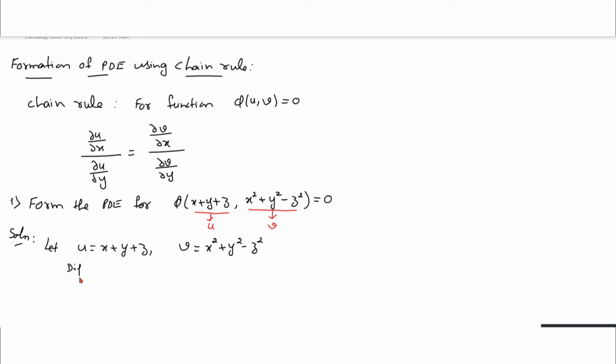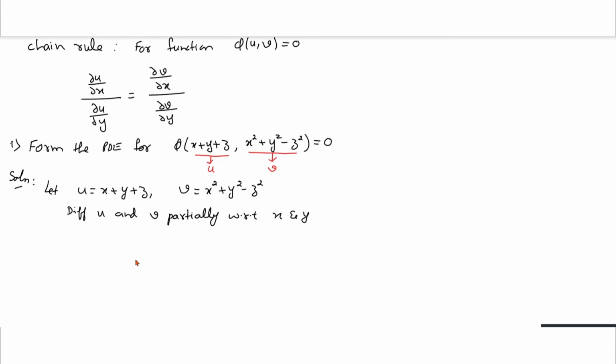So I get dou u by dou x to be equal to, differentiating with respect to x, differentiation of x with respect to x will be 1, plus y is a constant, therefore its derivative will be 0, plus differentiation of z with respect to x will be dou z by dou x.